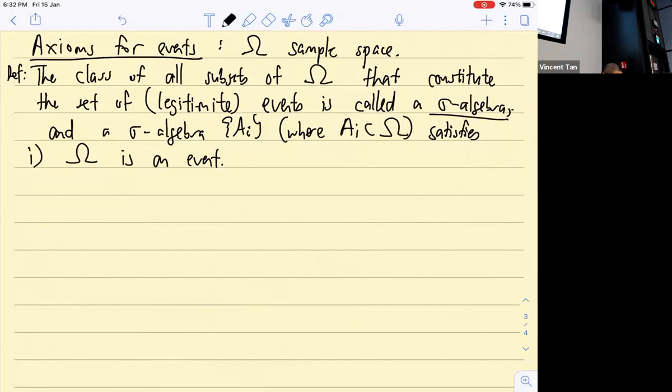Now, the other subsets A need to satisfy some other properties. Number two: for all sequences A1, A2, and so on that are events, their union is also an event.